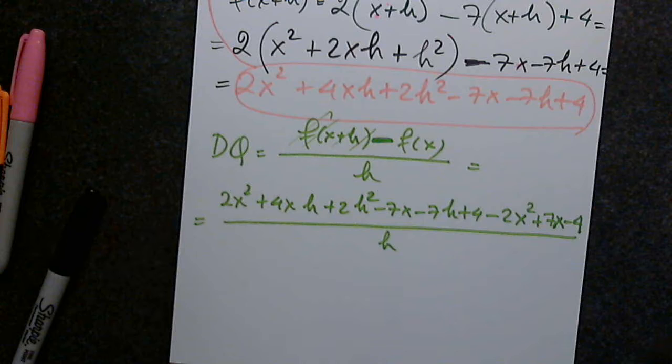So all terms that do not have h must go away. If they don't, we have an error. The second thing: the h in the denominator must disappear. If it doesn't, something is wrong again.